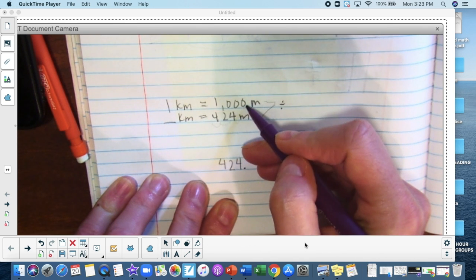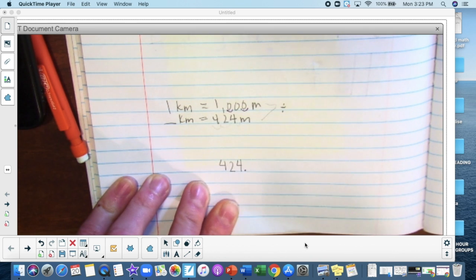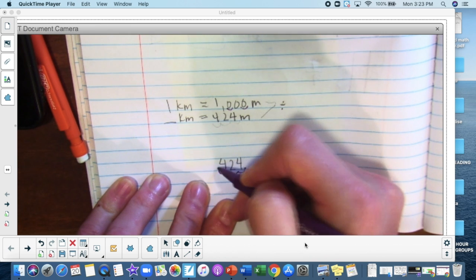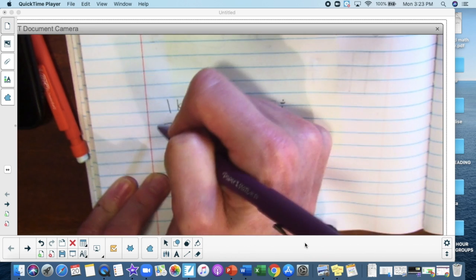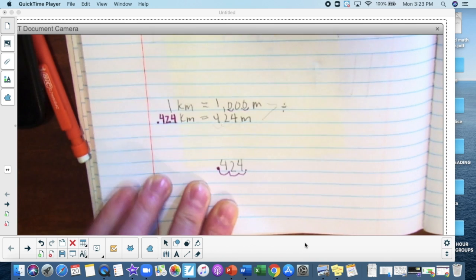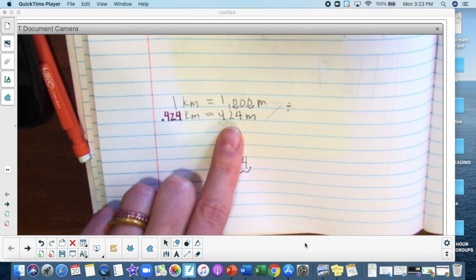All I need to do is move my decimal over 1, 2, 3 places because that's how many zeros are in 1,000. 1, 2, 3 places. So there are 0.424 kilometers in 424 meters. Moving on to number 5.